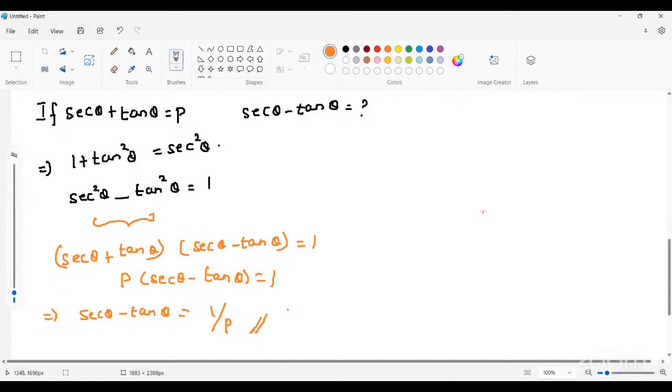Yes, probably with one more sum, we'll finish off this. A little lengthy sum.